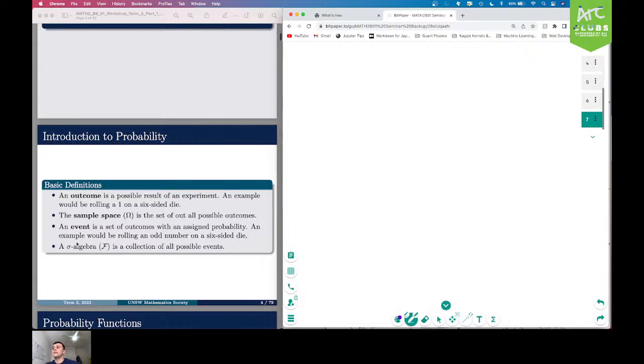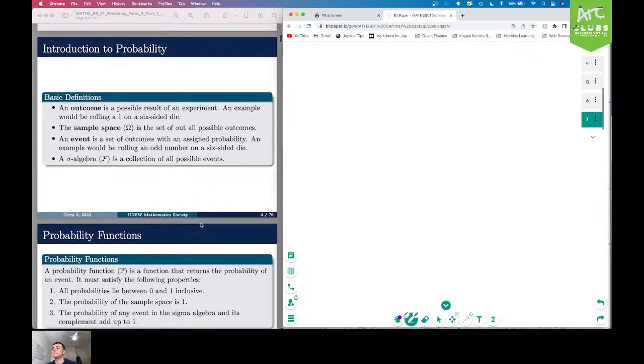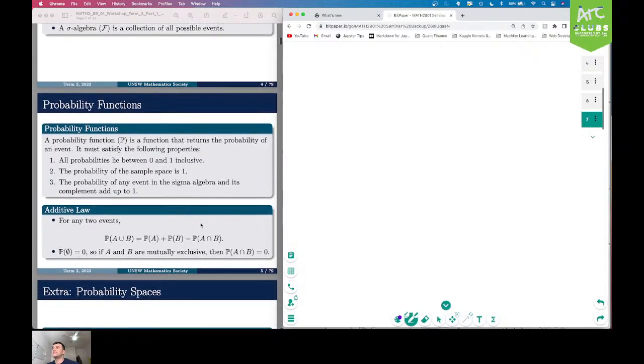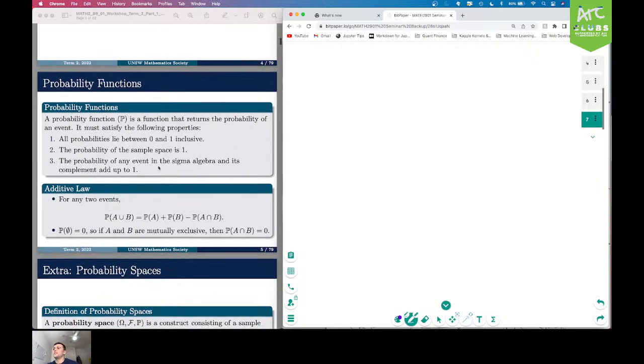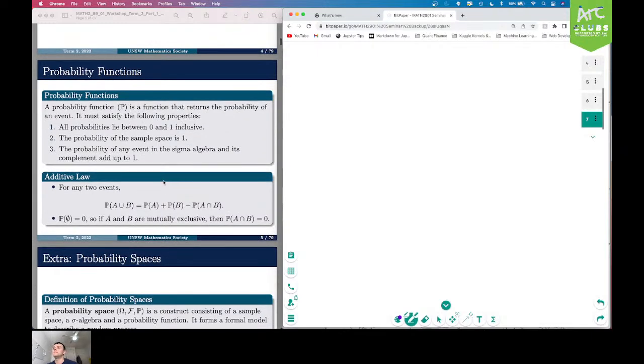So here are some basic definitions you can refer to in case they ask, like what a sample space is. Pretty standard, but we know that probabilities must lie between 0 and 1, so we can't have negative probabilities, and we can't have something like a 102% chance of happening. Probabilities must all sum up to 1, so if the probability of a head is 50%, then the probability of a tail will also be 50%.